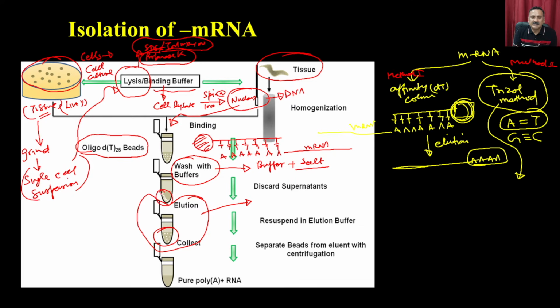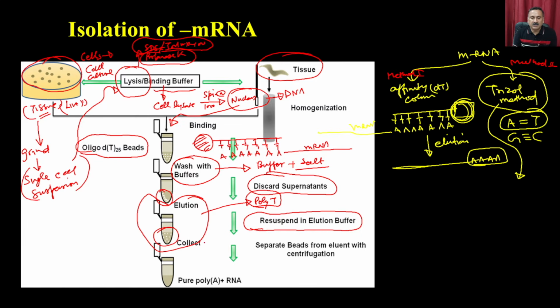You collect the beads, discard the supernatant, and then do the elution. For example, you can add poly T, or you can add thiamine, and suspend that in the elution buffer.